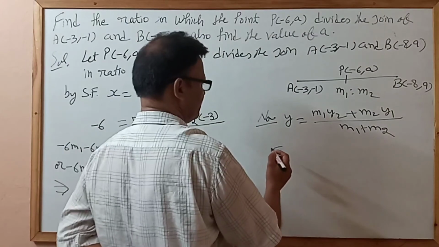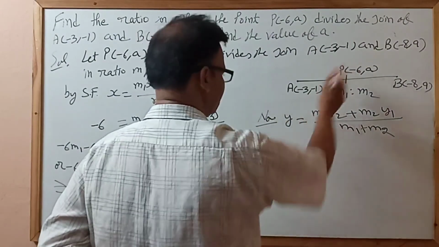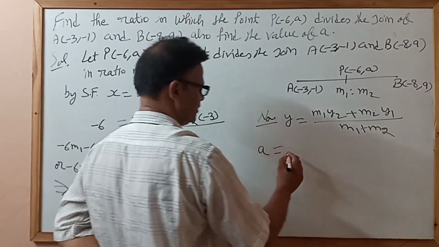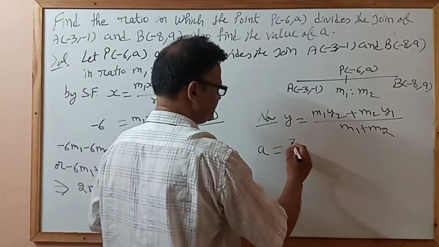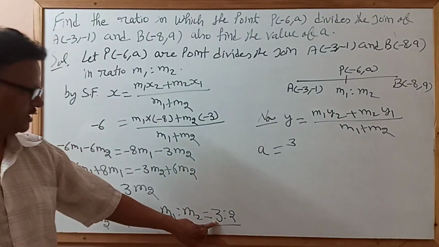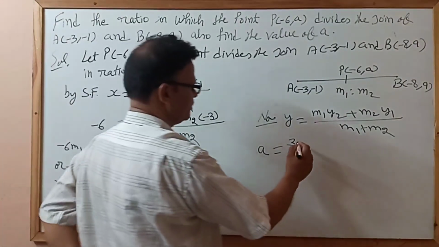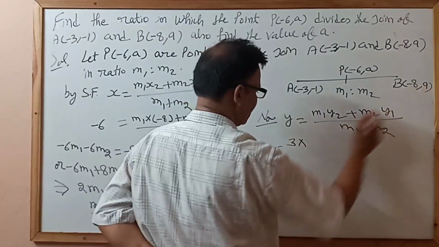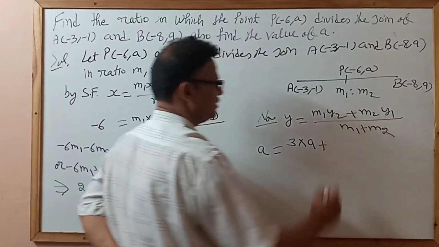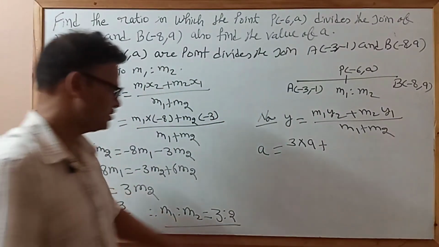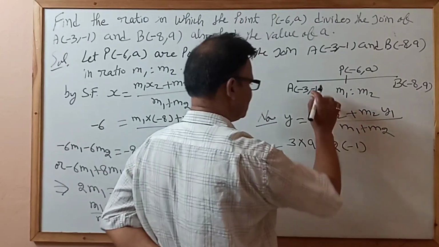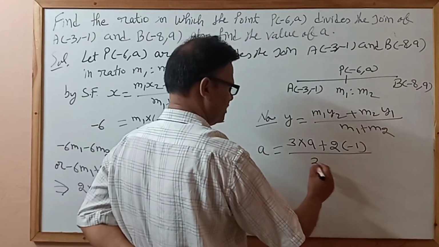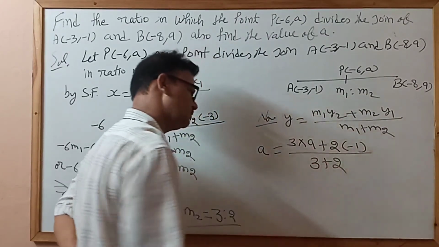So we get here y, that is a, equal to m1, which is 3, multiplied by y2, which is 9, plus m2, which is 2, and y1 is -1, over m1 plus m2.